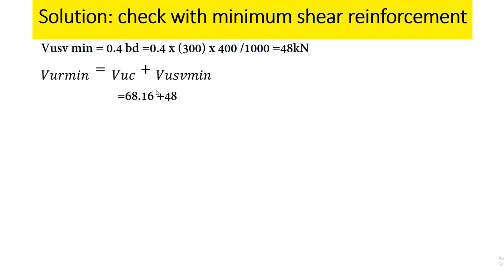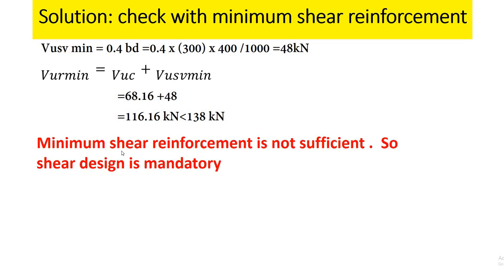The shear resistance provided by concrete is 68.16 plus the minimum shear reinforcement provided by the stirrups, that is 48. So the total shear resistance is equal to 116 kilonewton, but our applied shear is 138. So in this case, what happens? Minimum shear reinforcement is not sufficient, so we have to do the shear design, right?